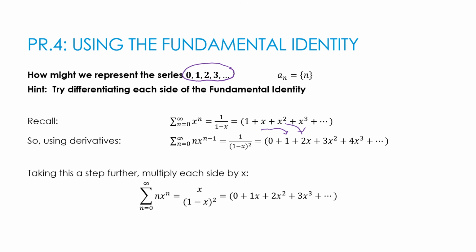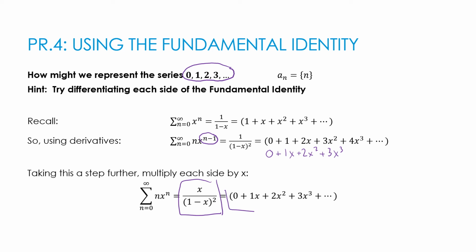I'm going to multiply everything times x. So multiplying everything times x, I would get 0, I would get 1x, I would get 2x squared, I would get 3x cubed, etc. So again, notice that if I'm multiplying by x, it changes this to just to the nth power, because I've added a power essentially by taking it times x.